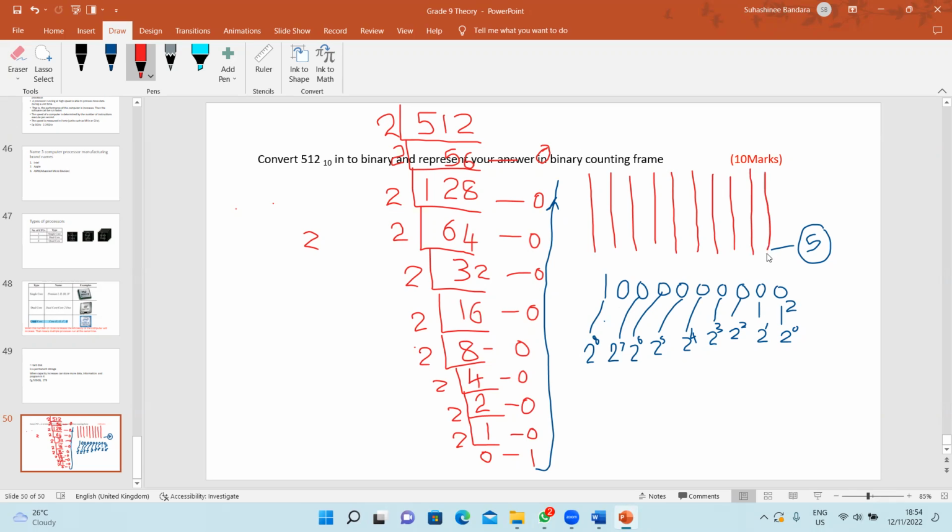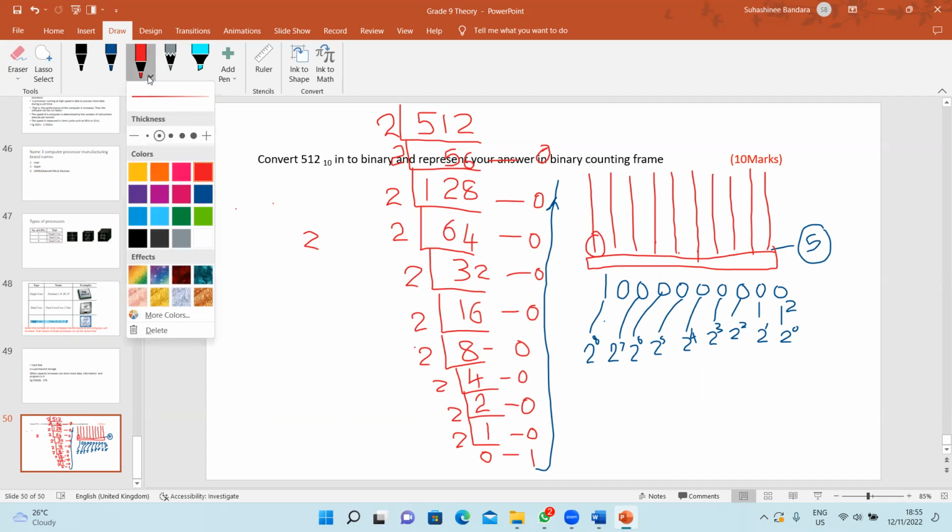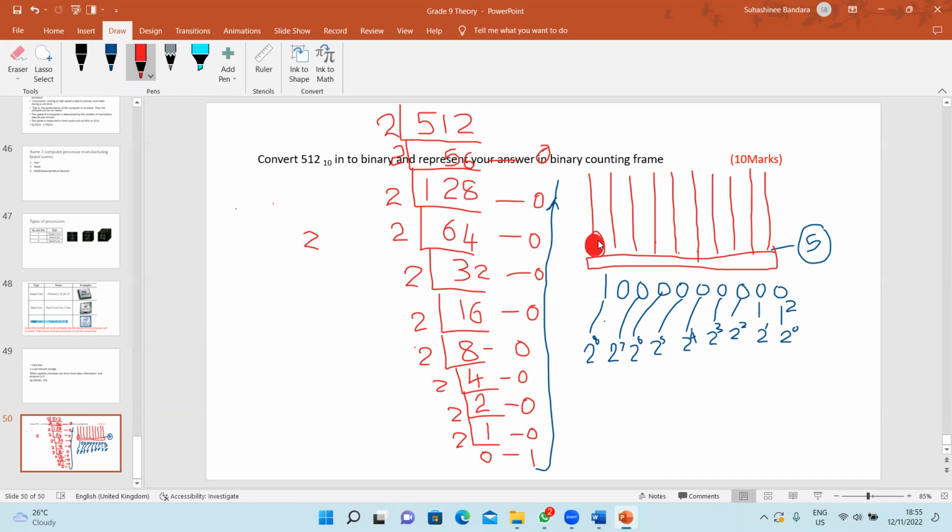So the place values also should be in order. Down below, you have to mention to the power 0, to the power 1, to the power 2, like that. The ball should be in the 2 to the power 9 place. Draw a ball and fill it, so that we don't keep it empty.